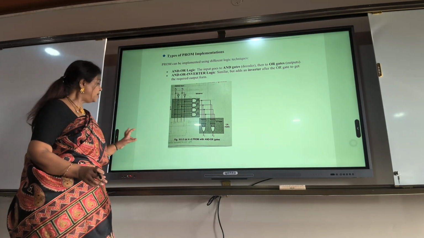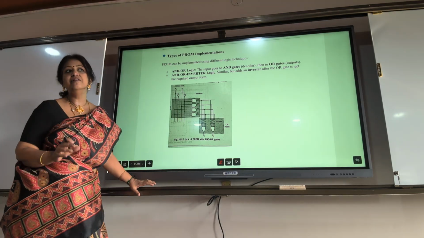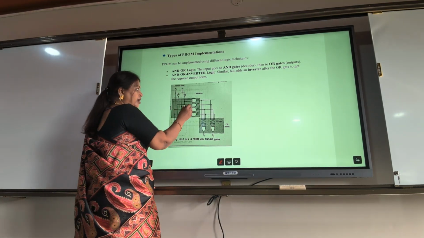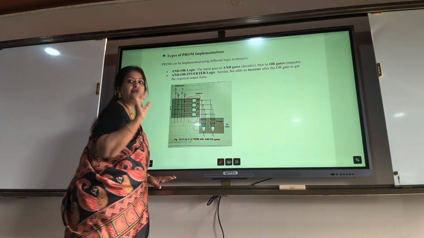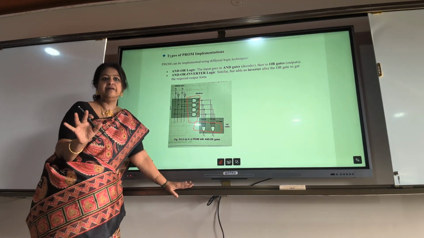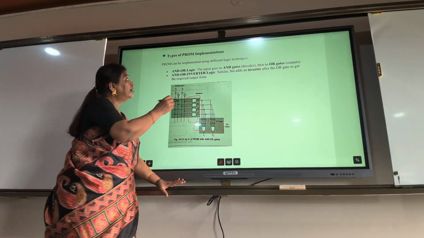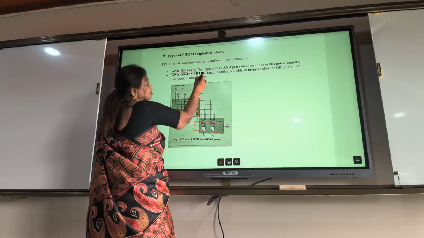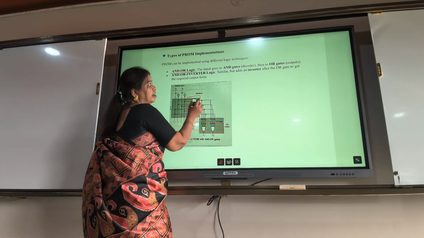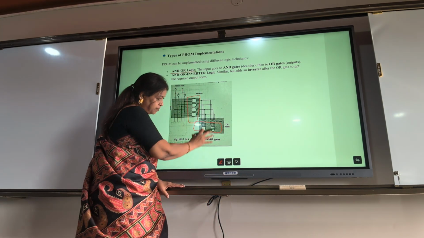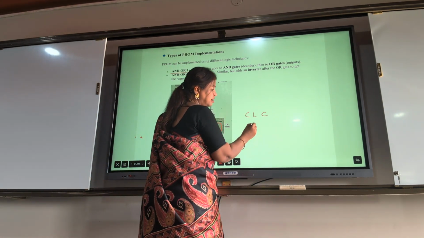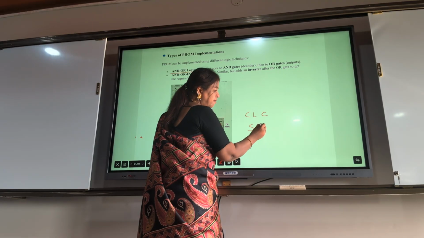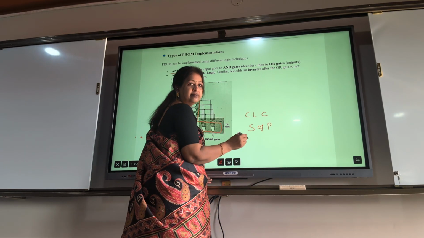So for PROM implementation, as I told you, in these PLDs you will have AND and OR, the 2 components in the design. The input goes to the AND gates and then OR gates will produce the output. This is nothing but your combinational logic circuit, sum of products.